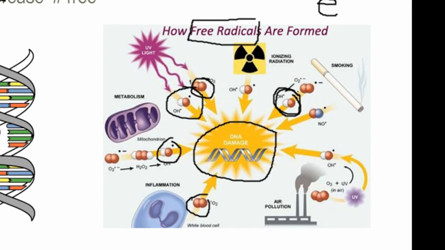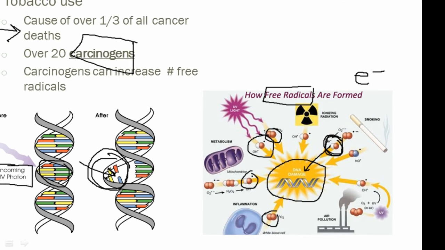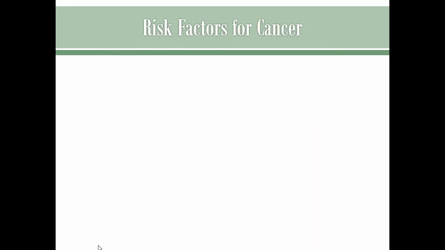So what these free radicals are doing is they're coming into the DNA and pulling off electrons as fast as they can because they're trying to make themselves happy. When they start pulling off electrons, they're basically damaging the DNA. So free radicals pull off electrons, and in doing so, they damage the DNA.